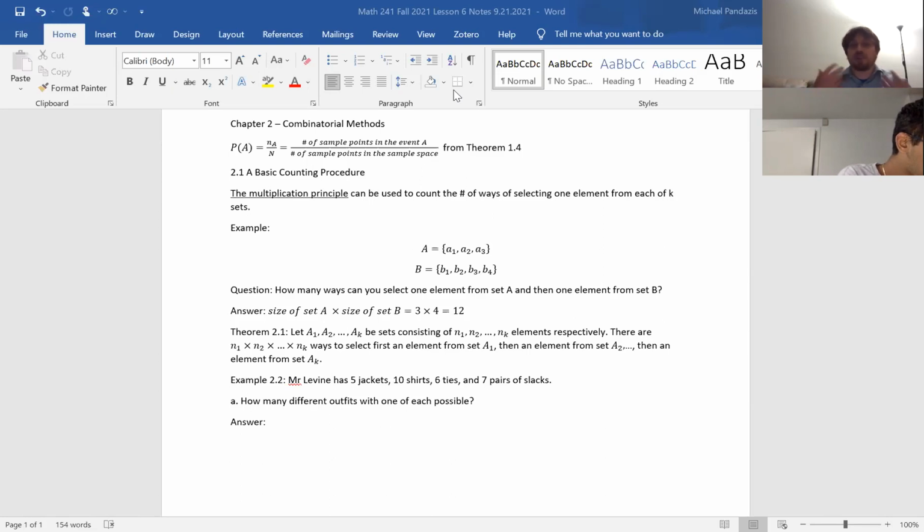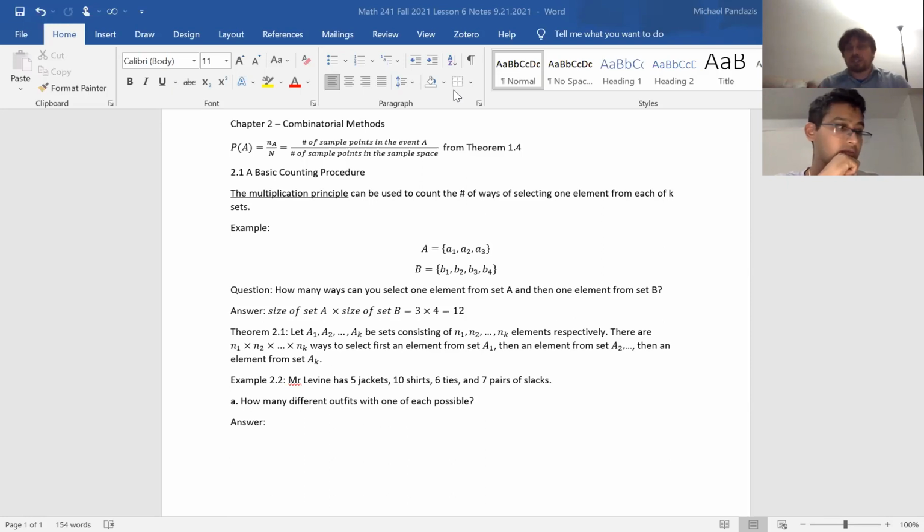And so from that theorem, the conclusion is that the number of different outfits, the number of ways to choose one element from each of those 4 sets, or how many different outfits, choosing one jacket, one shirt, one tie, and one pair of slacks, is multiplying n1 times n2 times n3 times n4. So you can see how you can translate this problem into the variables in theorem 2.1.